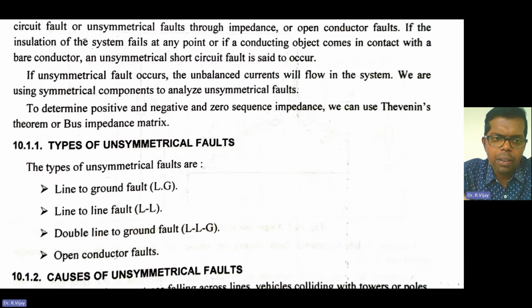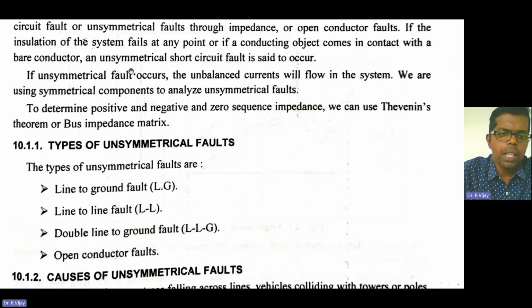Those formulations we have already seen in our previous classes, so please go and see them. Here, to determine the sequence impedances, we draw the positive sequence, negative sequence, and zero sequence networks for the particular fault.